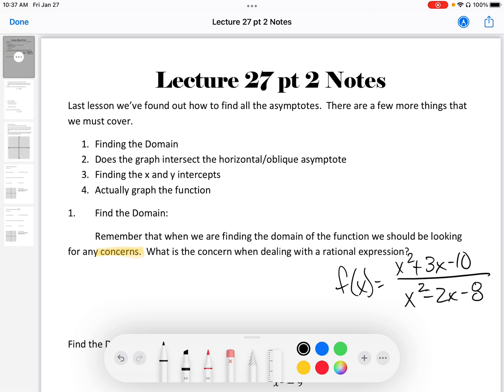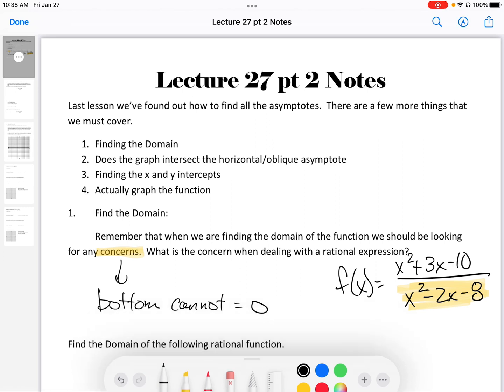What would my concern be for this? Well, we would be concerned about the bottom equaling 0, because the bottom cannot equal 0.